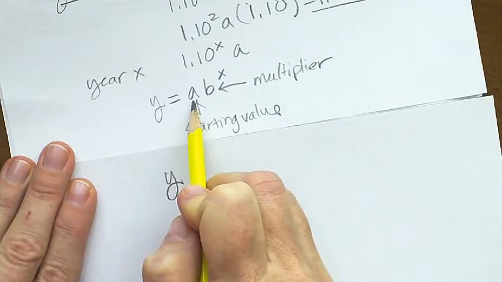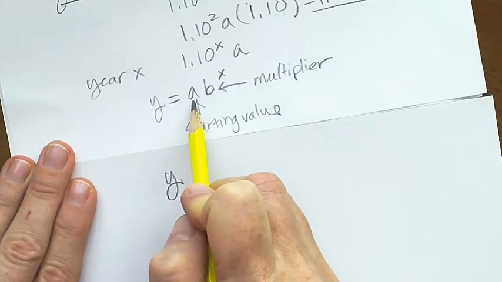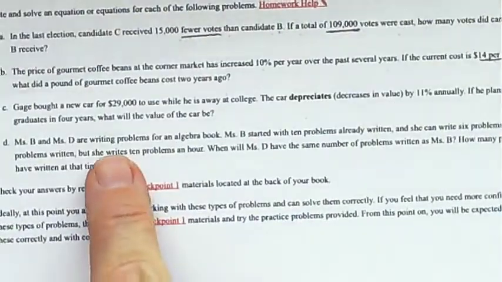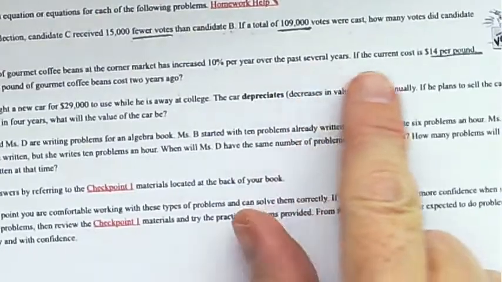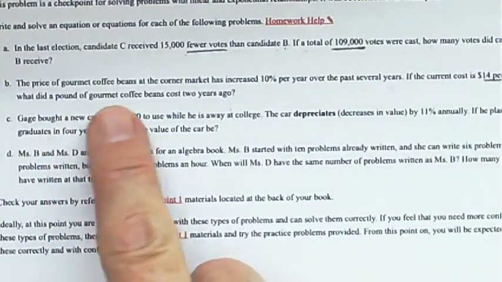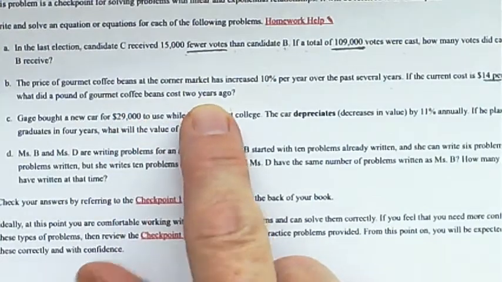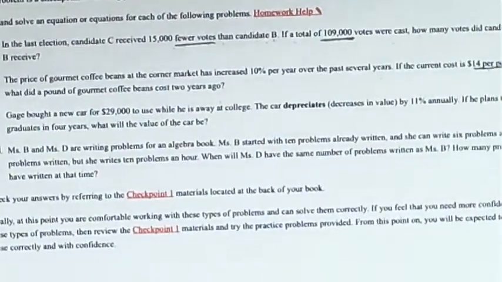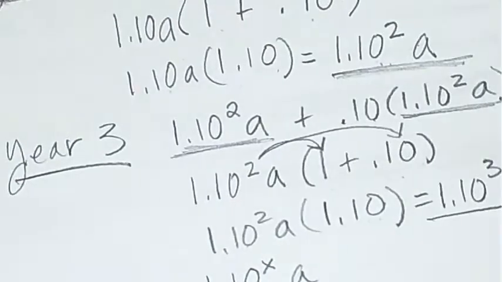So my starting value, that's what I'm trying to figure out. I'm trying to figure out the price of the coffee. If the current cost is $14 a pound, what did a pound of gourmet coffee beans cost 2 years ago? So we're trying to figure out the cost from 2 years ago.